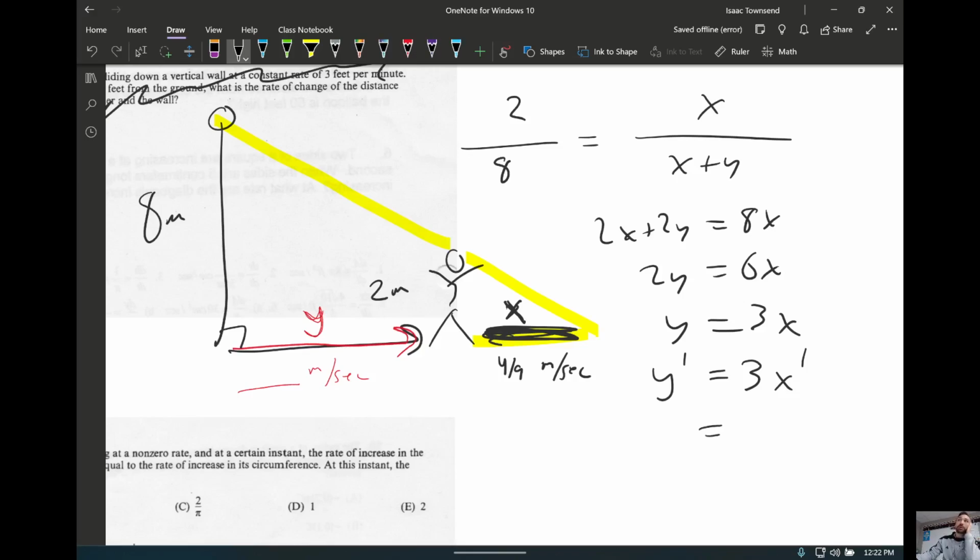And one of these I want to know, and one of them I already know. Which one do I already know? So this would be equal to y prime, which is the rate he's walking, and so 4/3. Option D.